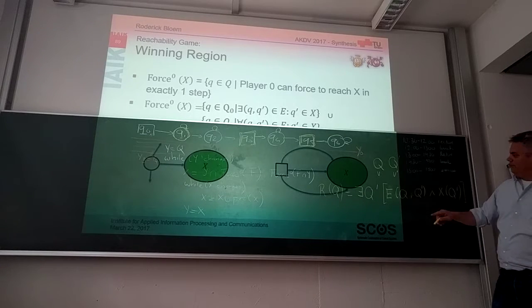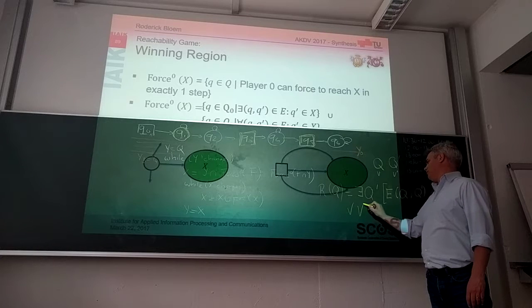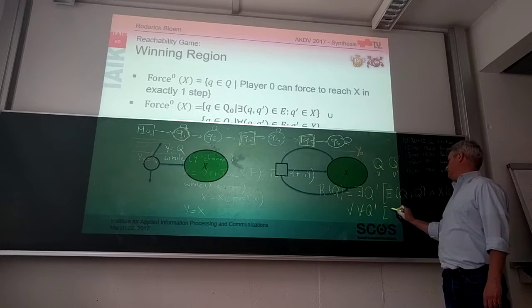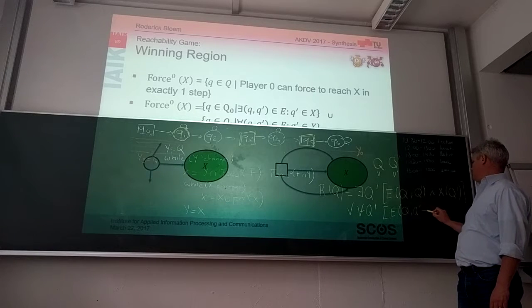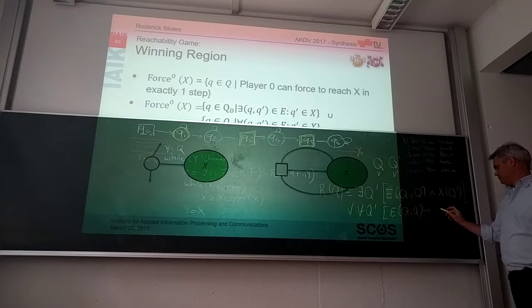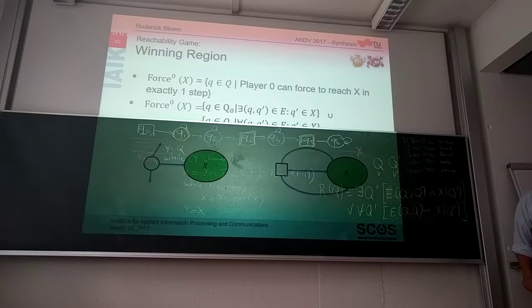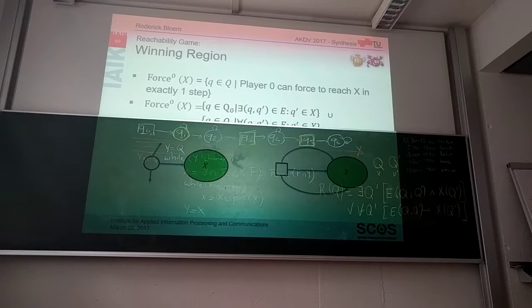And the for all, you can do the same thing. For all Q prime, if there is an edge from Q to Q prime, then Q prime is in X. So if you don't completely get this, that's fine.